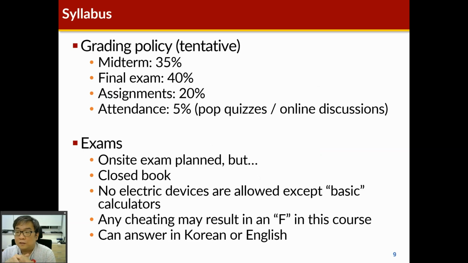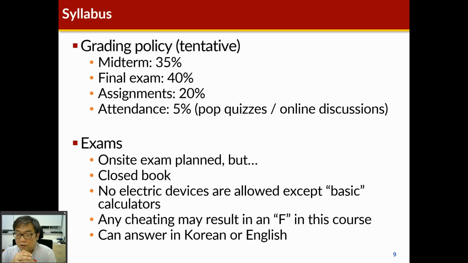This is the tentative grading policy. I plan to provide 2 exams, midterm and final exam, and about 4 assignments after each chapter. Also, I plan to provide a mini project to design a processor using SystemVerilog. And there will be a 5% attendance score, which is determined by the scores of the pop quizzes.